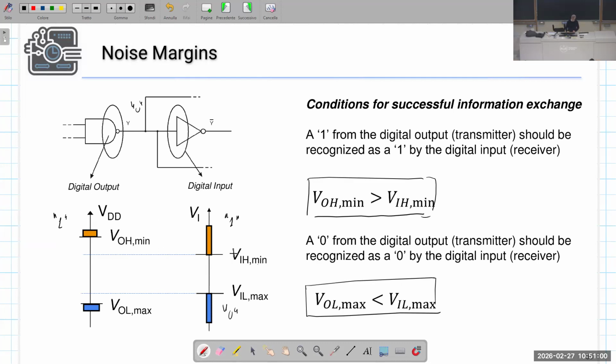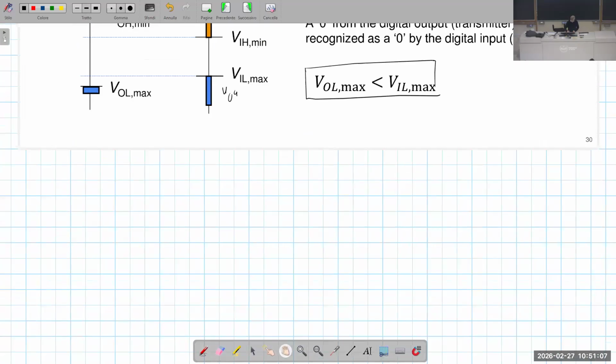So if we have the opposite case, let me try. Let's say this is VO and this is VI, and we have that VOH minimum is less than VIH minimum.